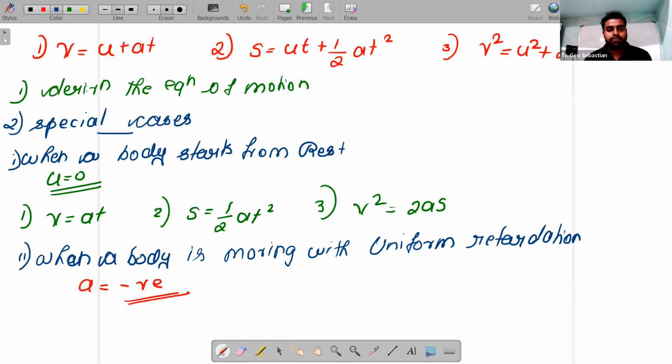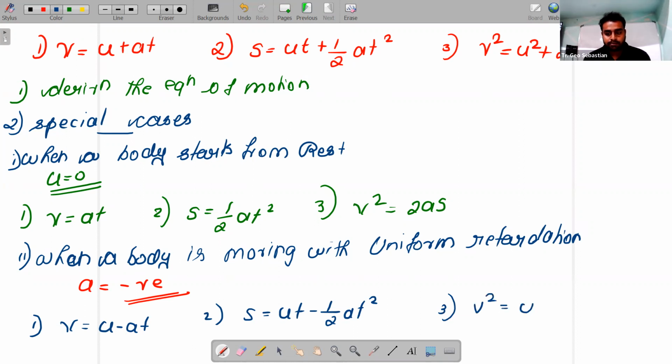So based on that, you should formulate your equation. The first equation, acceleration will be negative, so it becomes v is equal to u minus at. The second equation becomes s is equal to ut minus half at square, and the third equation becomes v square is equal to u square minus 2as. So these are some of the special conditions of equations of motion. Already all the terms we discussed in the regular class.